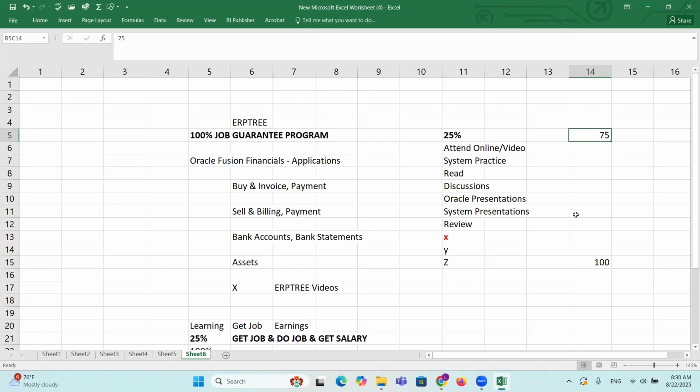Even our training is also 25%. Whatever training we are giving as online training, that is 25%. The remaining 75% we have in the 100% job guarantee program. If you learn this 25% and the 75% application, will it work? No. As per the project requirement, you have to build the muscle.